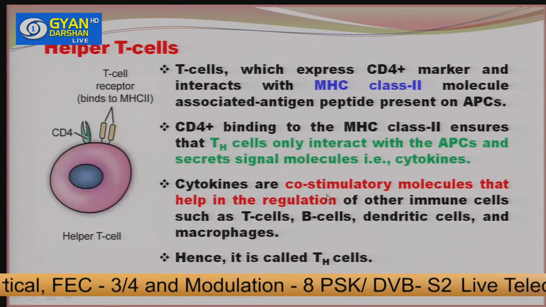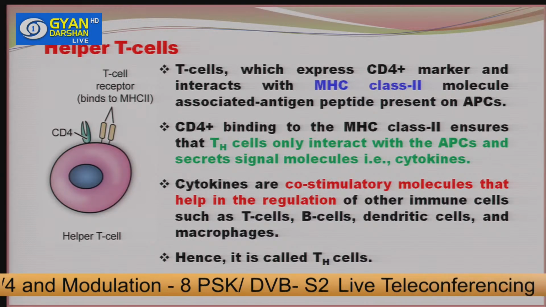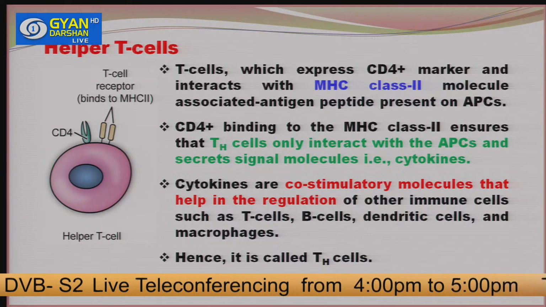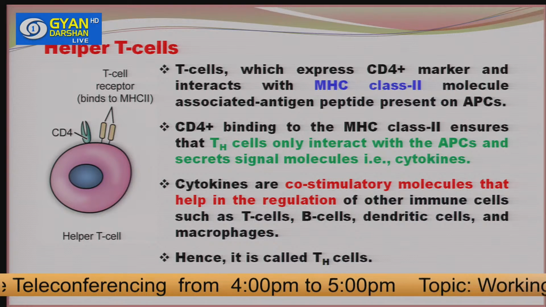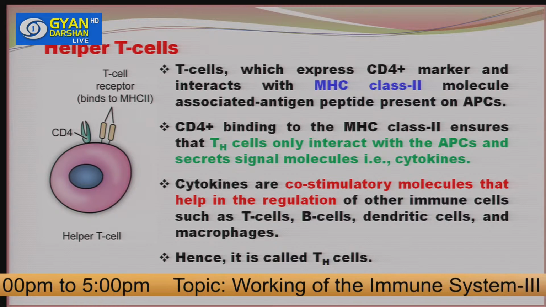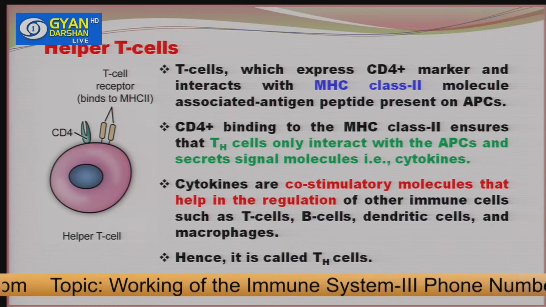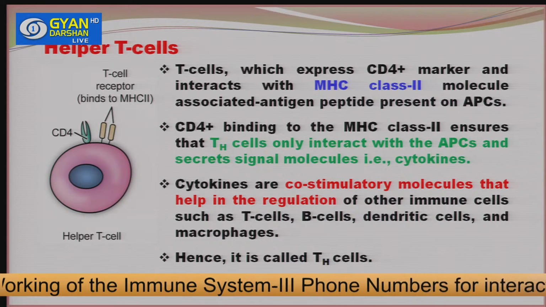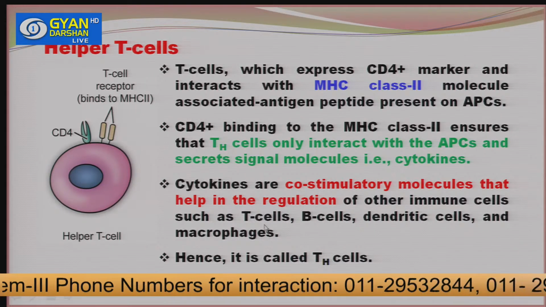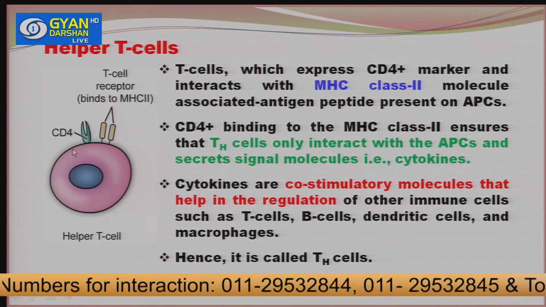Another cell is known as the helper cell. According to the name, they are able to help in the regulation of other immune cells such as T cells, B cells, dendritic cells and macrophages. Hence it is called the T helper cell. They help different types of cells.